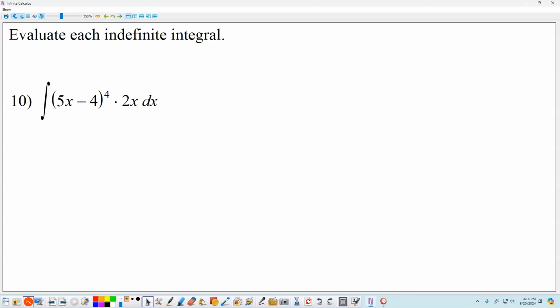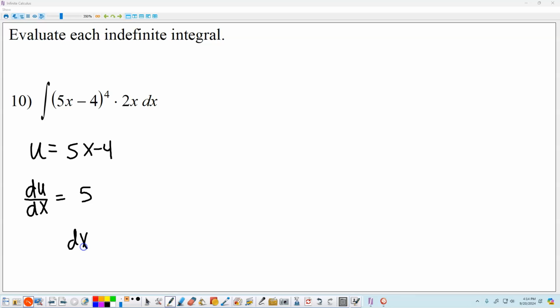Moving along to number 10. All right, my u would be the 5x minus 4. The derivative of u with respect to x is 5.